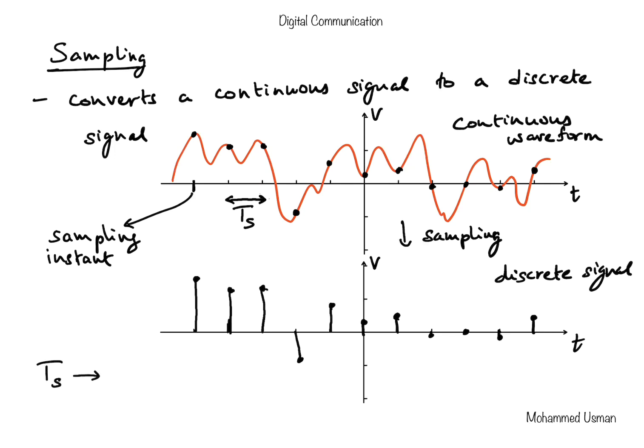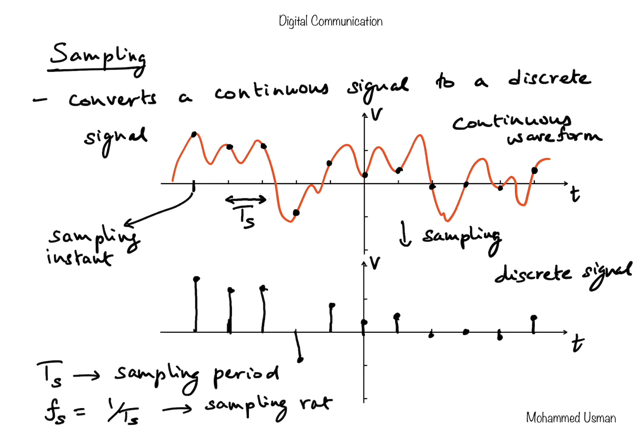So Ts denotes the sampling period, and the inverse of the sampling period is denoted as the sampling frequency Fs. So Fs is equal to 1 by Ts, that is the inverse of the sampling period, and we call that the sampling frequency or the sampling rate.